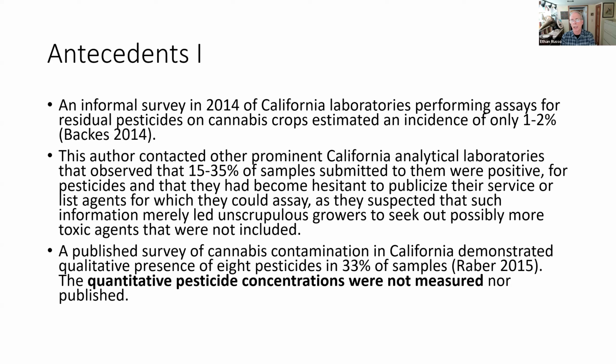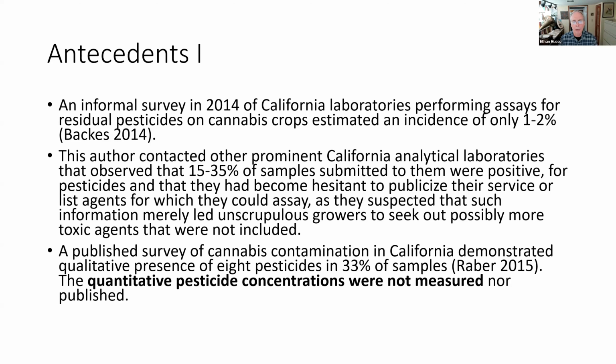Subsequently, California analytical laboratories found that 15 to 35% of samples submitted to them were positive for pesticide residues. Some of the labs pointed out that they didn't want to publicize they were providing this service or what they were testing for because they thought that this would lead people to use different agents than what they were testing. This has been a constant problem in the industry.